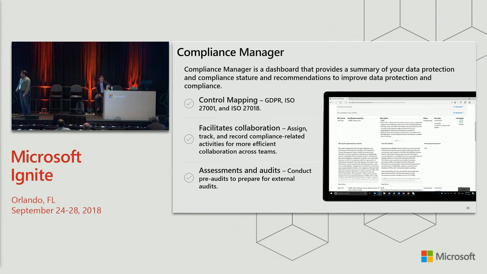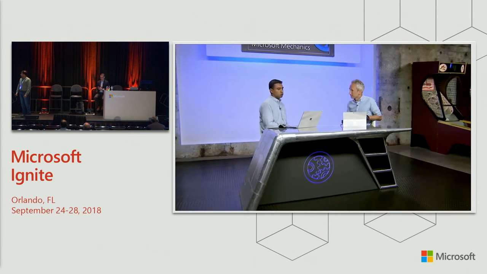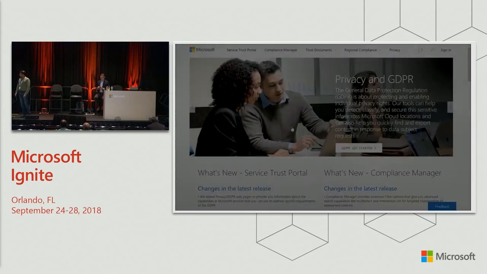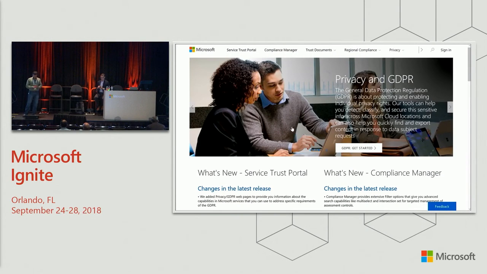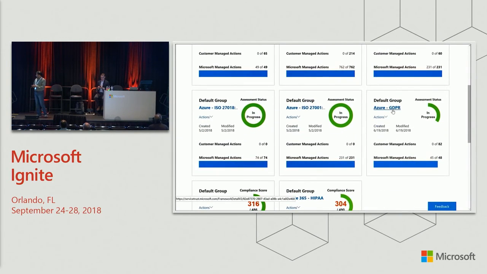And how do you leverage Compliance Manager? So here I'm in the Service Trust Portal, and this is a central portal to discover resources and tools for your privacy and compliance needs. From here, I can get to Compliance Manager. Compliance Manager is a powerful way to track and manage your privacy and compliance based on a risk assessment score. So I'll click into the Azure GDPR.